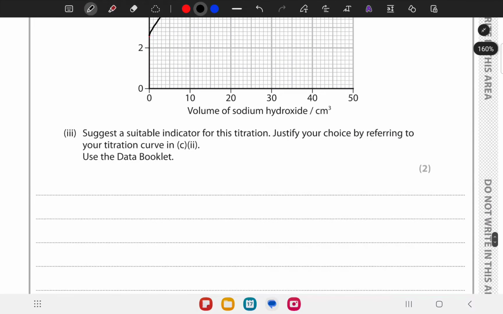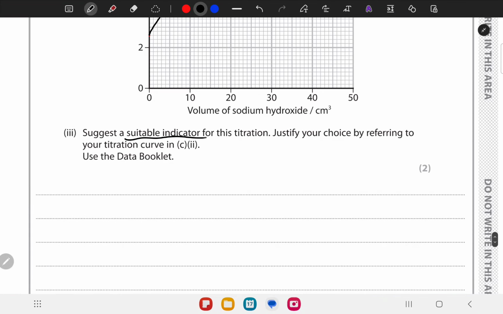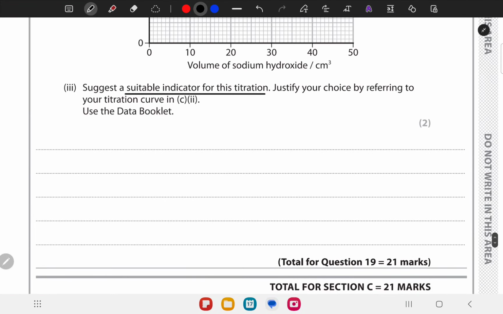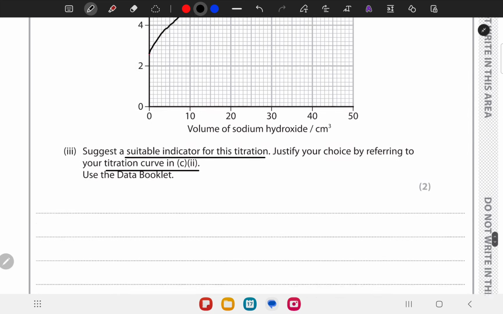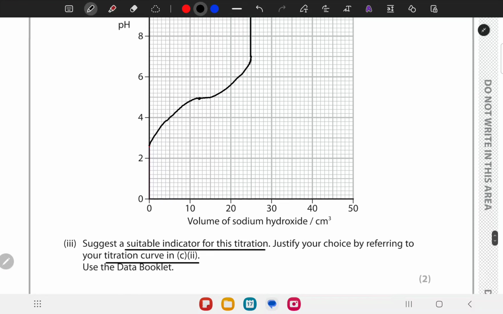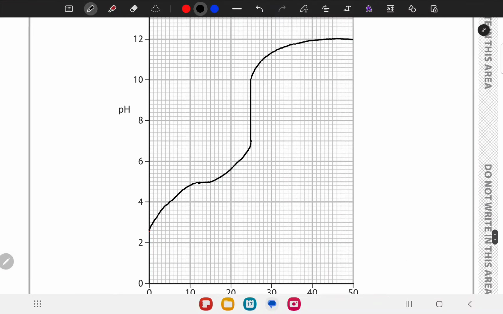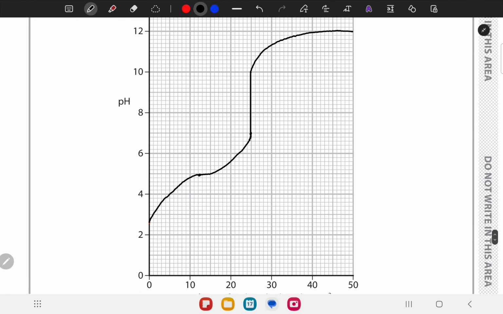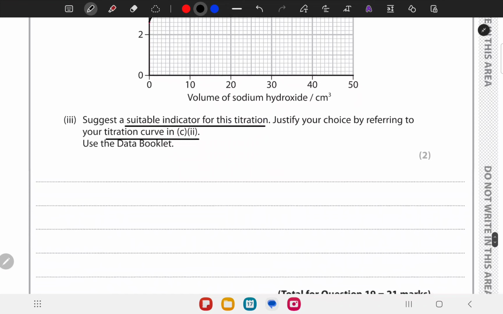We have to suggest a suitable indicator for this titration, and we have to justify our choice referring to the curve in C2. Since this is a weak acid strong base titration and the vertical section is from 7 to 10, we can use any of the pH indicators with a working range within this.